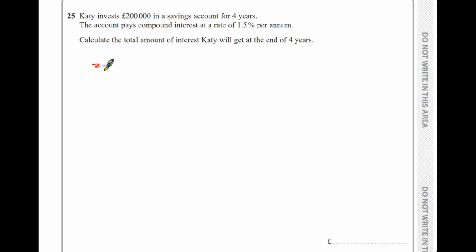First of all, we can start with the amount that is in the bank account at the beginning of year 1. Now, don't forget, 1.5% as a multiple is 0.015.